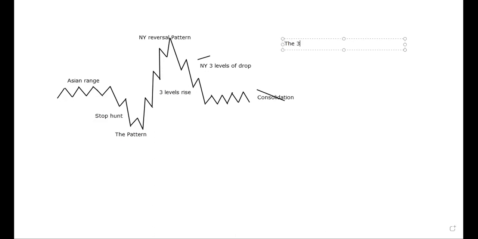I want you to understand that the three levels of rise can be intraday, intra-week, intra-month, and intra-year.